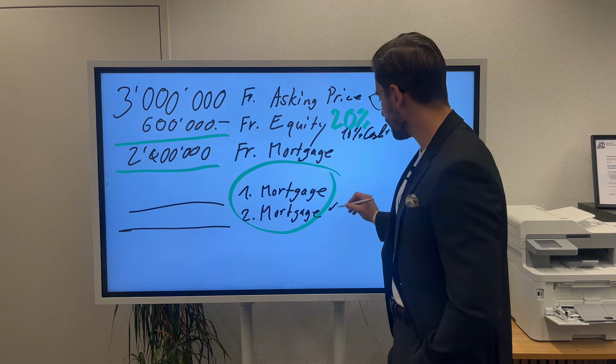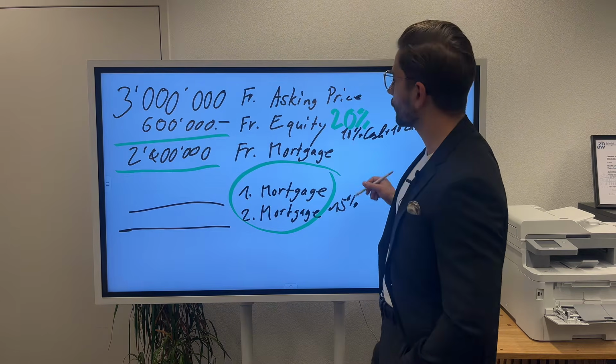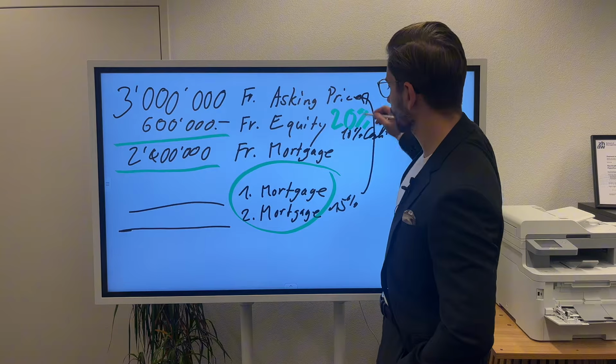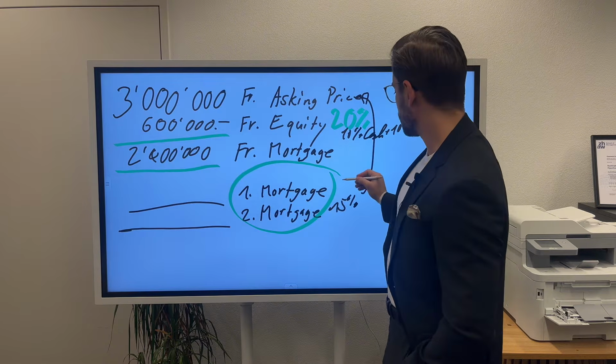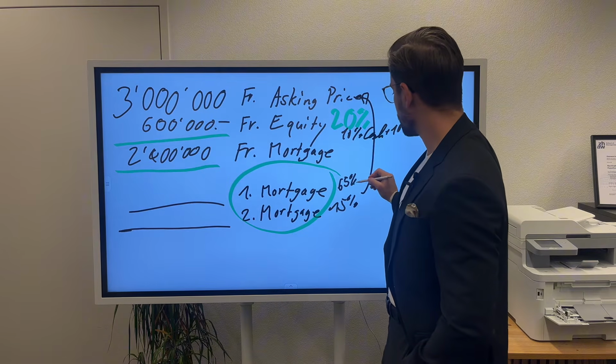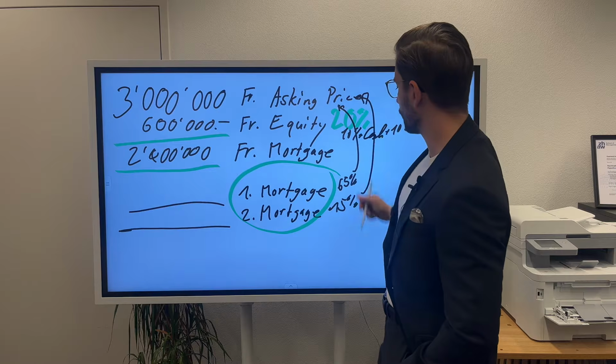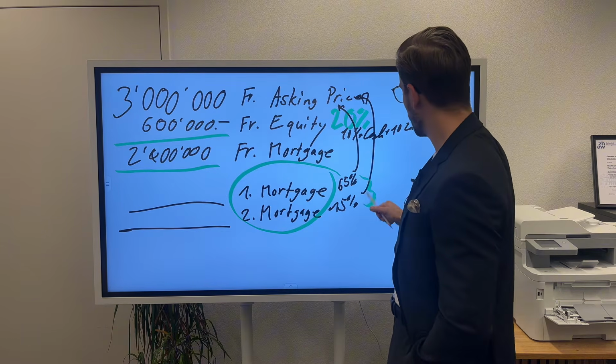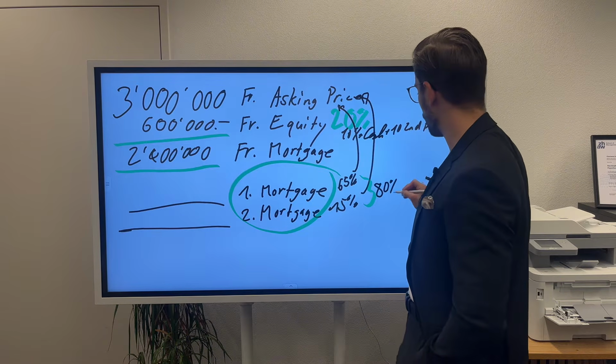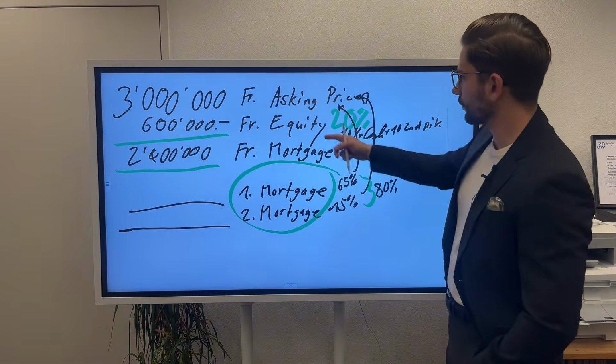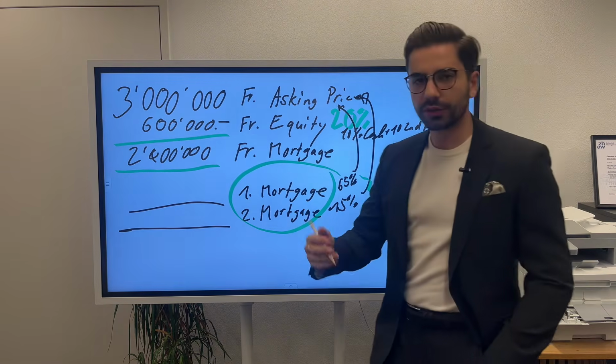The second mortgage is like 15% of the property's value, and the first mortgage is 65% of the property's value, meaning you will have a mortgage of 80% in most cases. And the 20% is your equity.